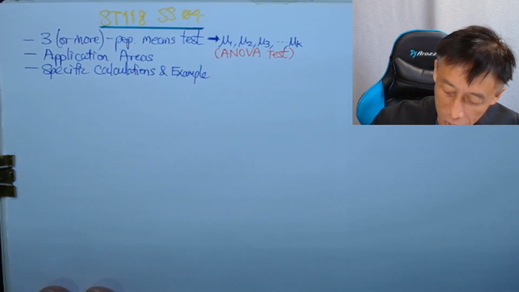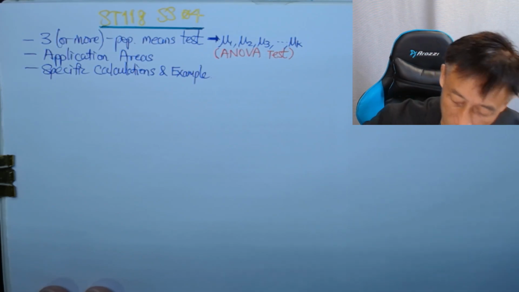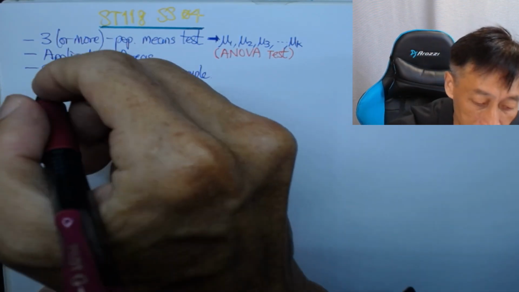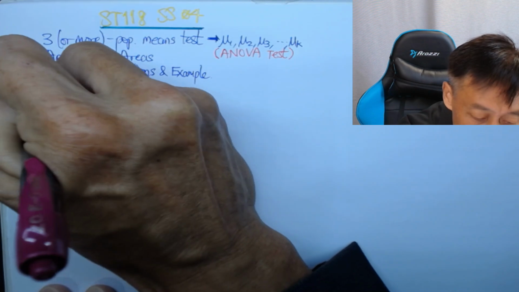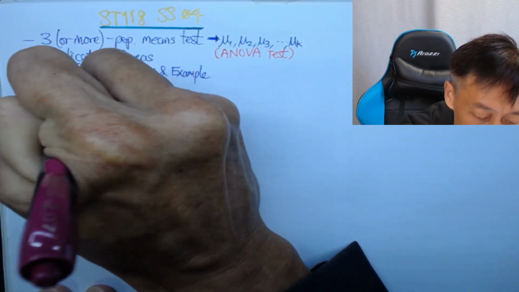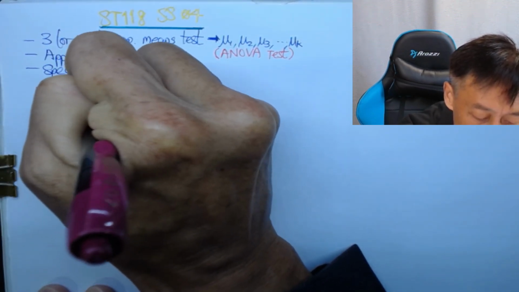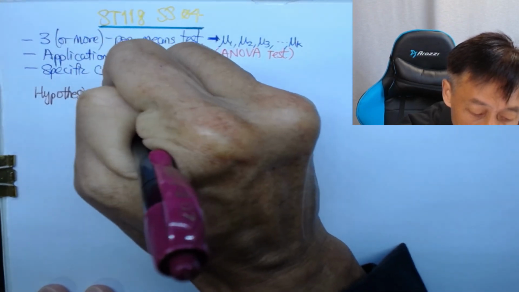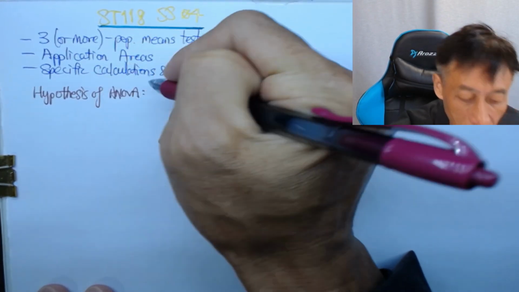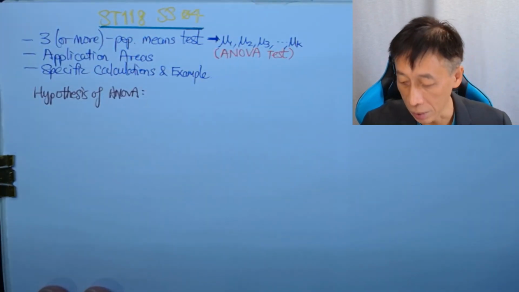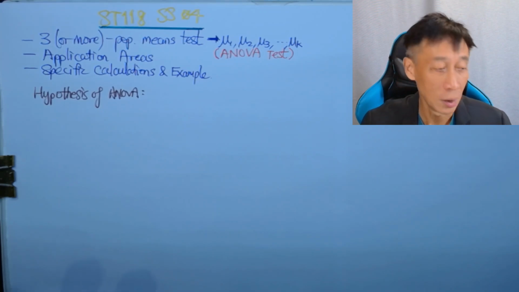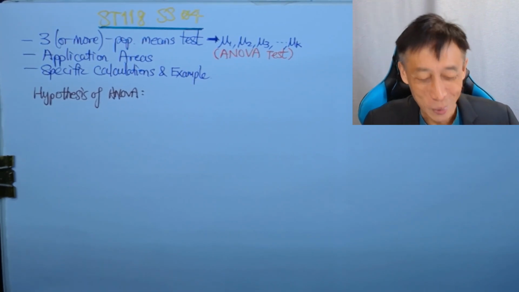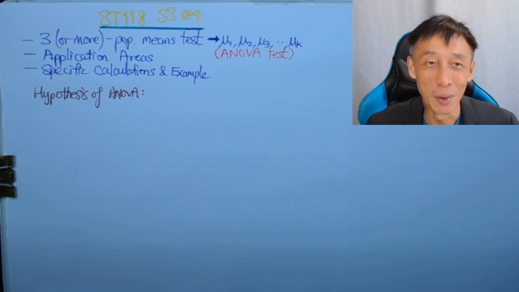So right off, let's look at how the hypothesis looks. The reason why I start with the hypothesis is because it is fixed. So fixed that in the past I've been observing many batches of students, they always do well because no longer do you have to worry about what's the claim.